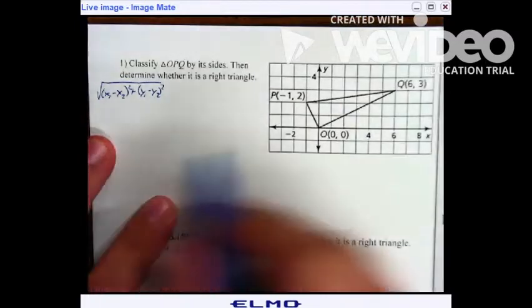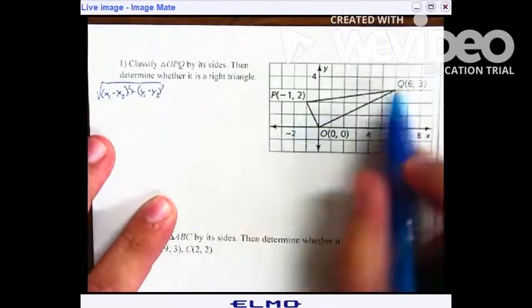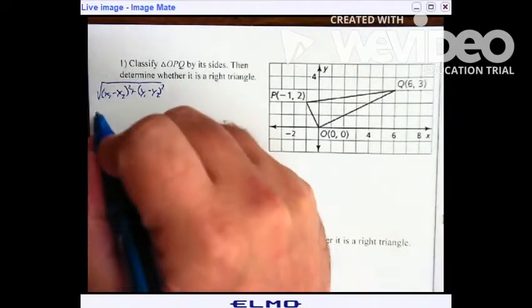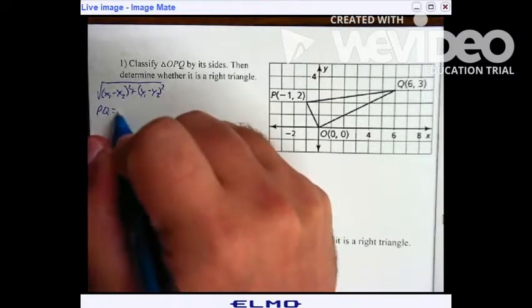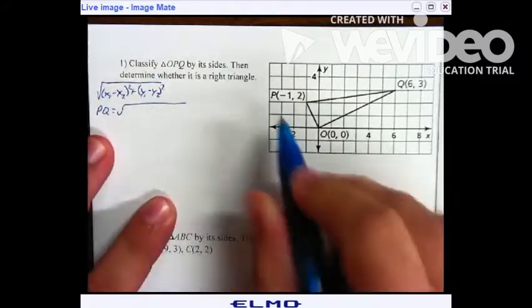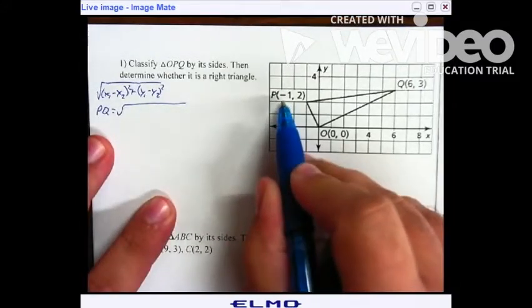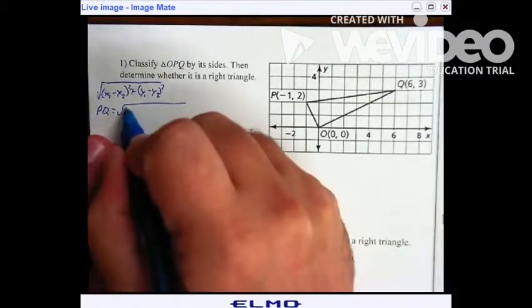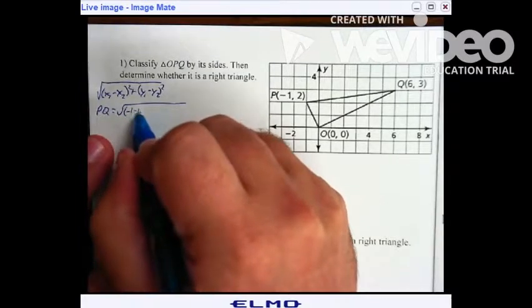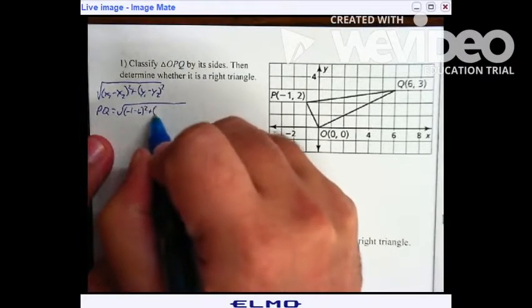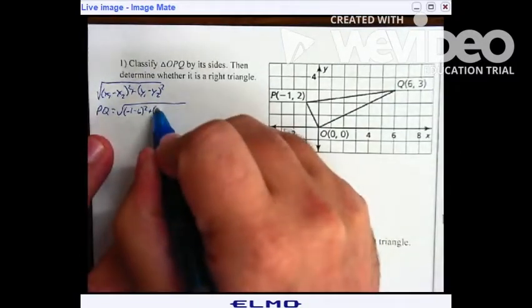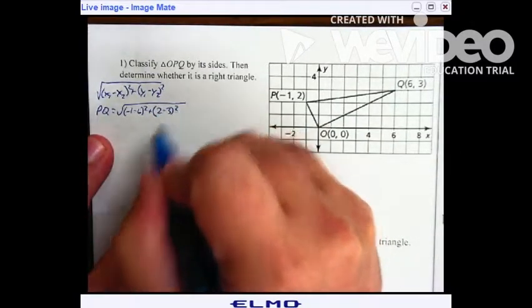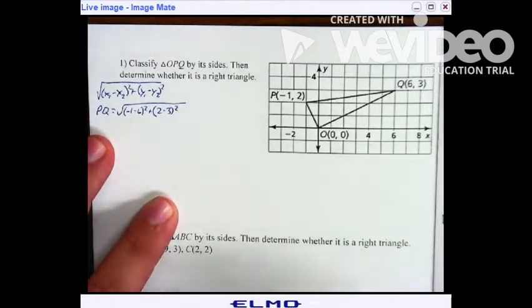If we're going to do segment PQ, then the length of PQ equals the square root of the x's, -1 minus 6, squared, plus the y's, 2 and 3, so 2 minus 3, squared. It doesn't matter which one's point 1 or which one's point 2.